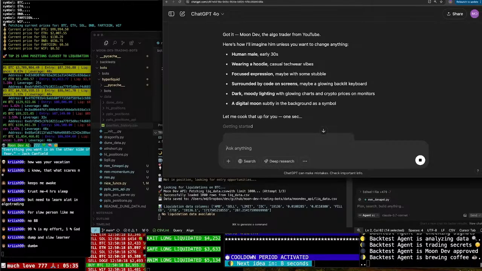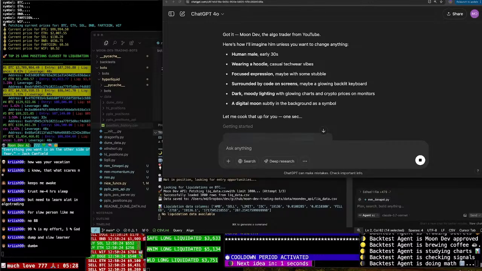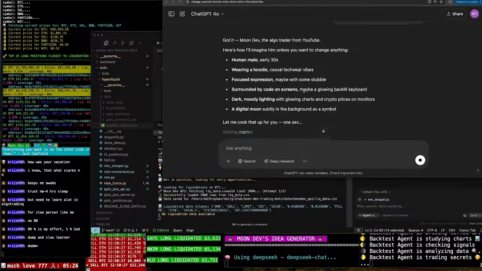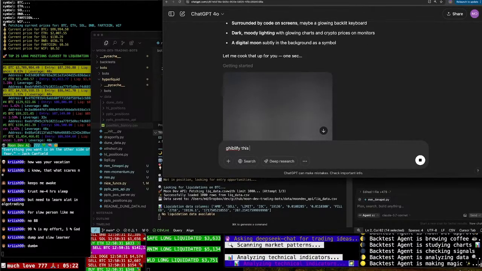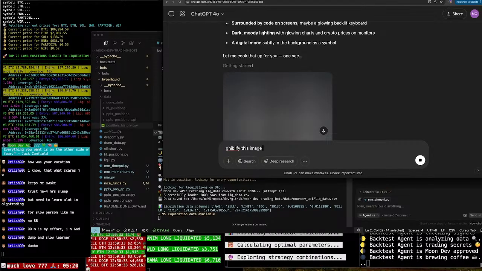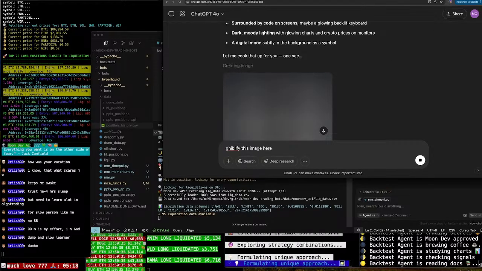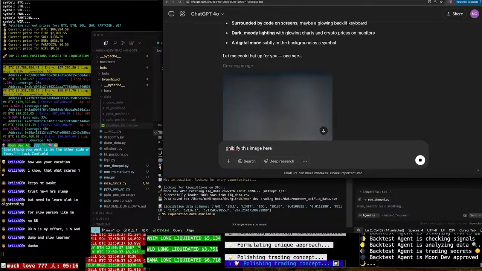What? Hey, anybody know what that cool little thing is? Ghibli-fy? What is this thing? I just got back. I was on a plane. Ghibli-fy this image here. Can you do things like that? We'll see.